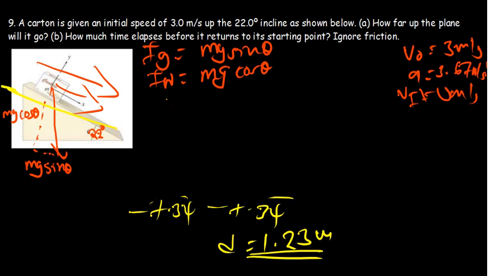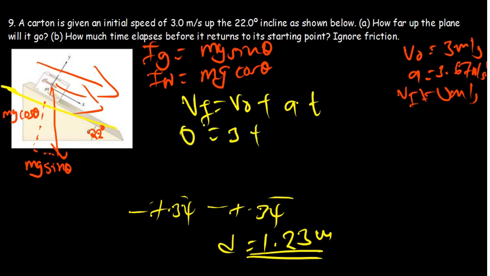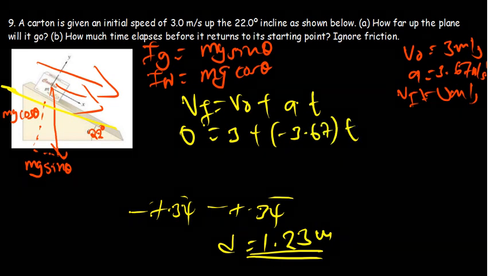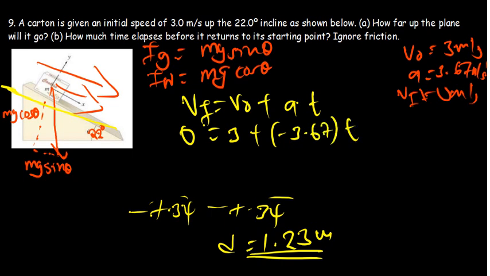Since we know the final velocity, the initial velocity, and the acceleration, we use v equals v initial plus at. The final velocity is 0, the initial is 3, and since it was decelerating, acceleration is negative 3.67. Shift the 3 to the other side, it's negative 3.